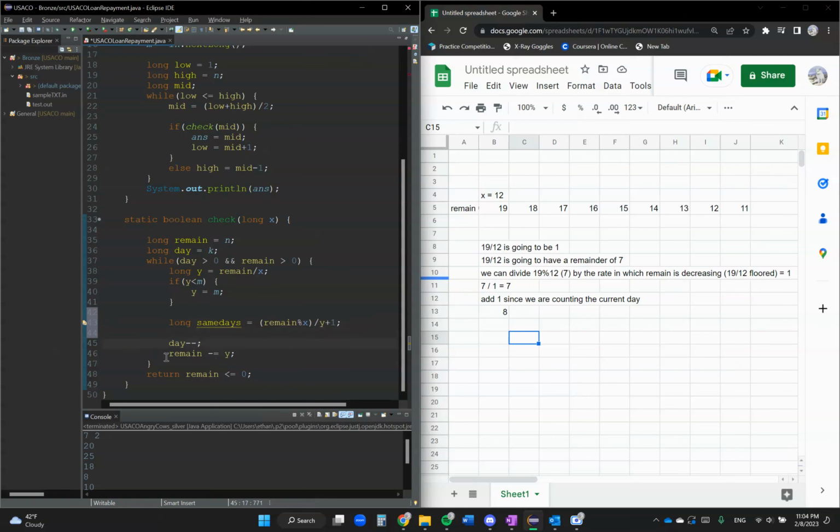And we can do day minus equals the number of same days, right? We're not just doing minus minus since we're going to be skipping multiple values. And remain minus equals y times same days. This would also work if we aren't skipping any, so we would still calculate this.